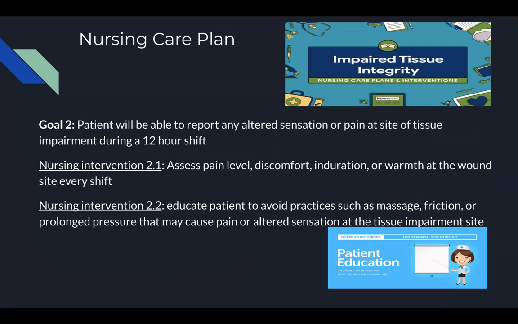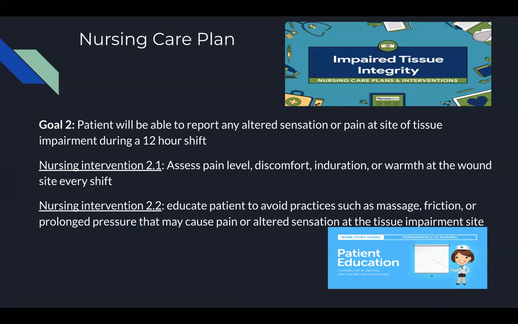Our nursing goal is that the patient will be able to report any altered sensation of pain outside of the tissue impairment during a 12-hour shift. So our nursing intervention for this goal will be to assess the pain level, the discomfort, and duration of warmth of the wound every shift.